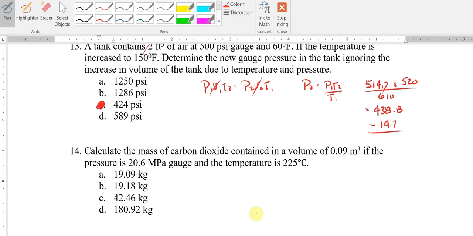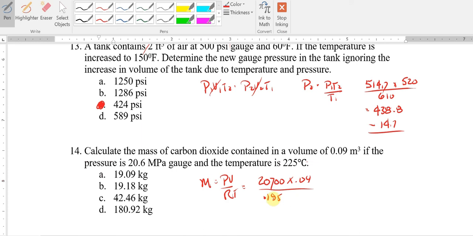Calculate the mass of carbon dioxide containing a volume of 0.09 cubic meters. Okay, this is going to be m equals PV over RT, which is 20700. It has to be absolute. That's gauge pressure, so we have to add 100 kilopascals, times 0.09, and R is going to be 0.195.